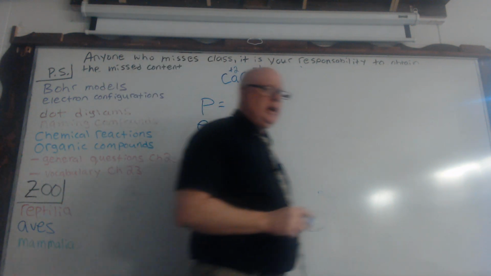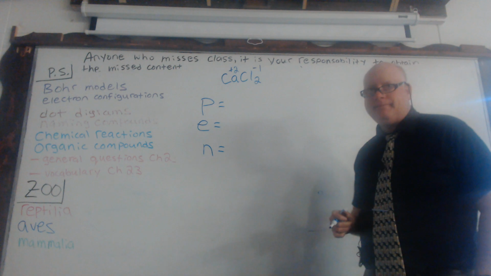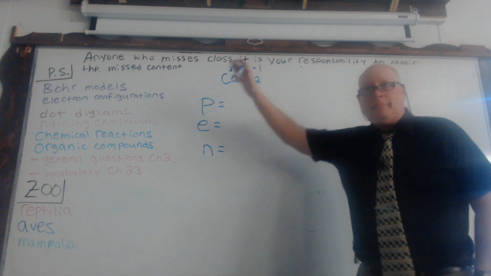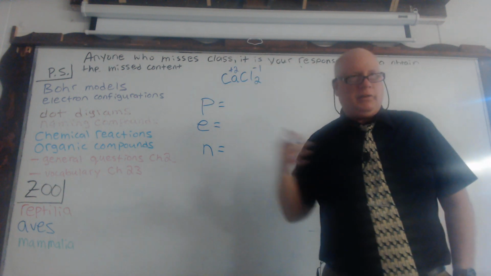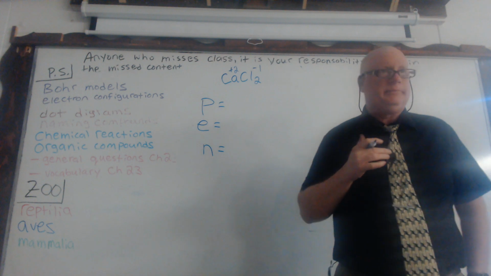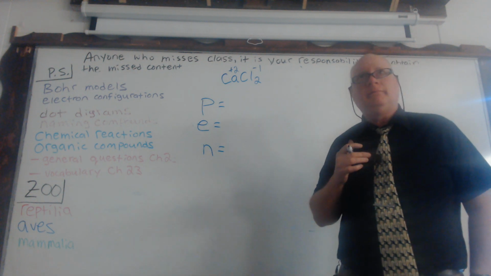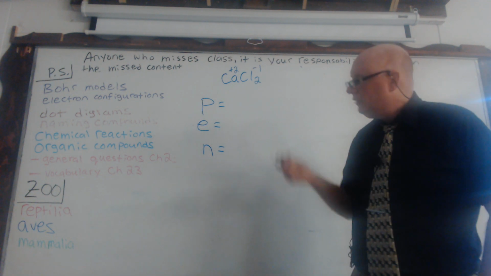So how many protons does calcium have? Now we're going all the way back to everything in the atom of calcium. Because what is its atomic number? That's maybe its atomic mass, but not its atomic number. 20. Why is that important?